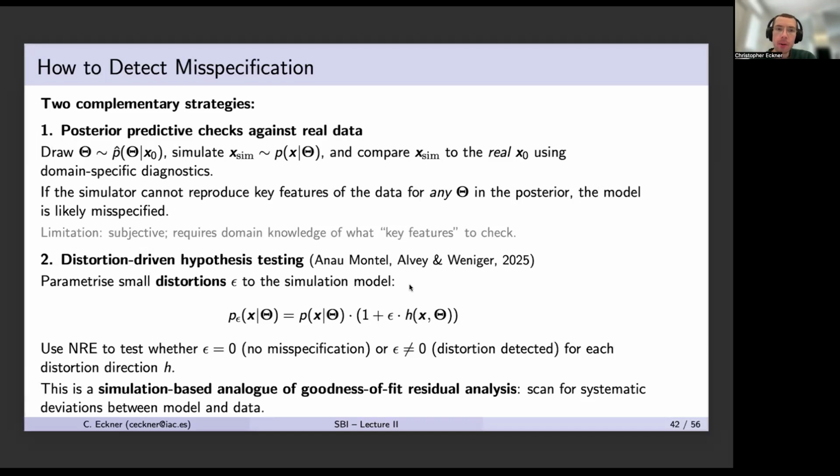And as long as the particular process you're studying even allows for repeated real samples, it is kind of easy to test whether your simulator and the posterior parameters that you draw will create realistic data sets. So that's something specific to the domain that you can or cannot do, but it really is dependent on the actual observation. It will be impossible for anything that observes the universe. There's just one universe, and that's what we have.